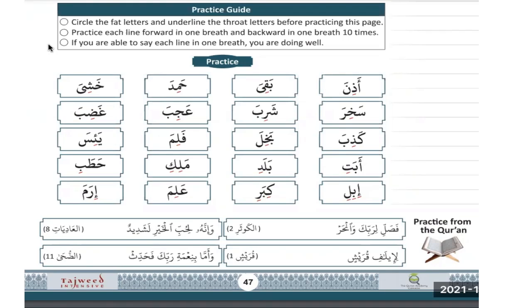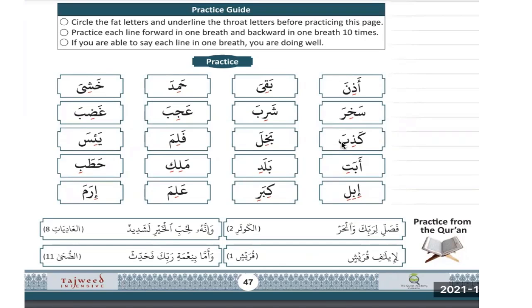Now I have a question for you, like kha, kasra, khi, right? What part do we use for the kha? It comes from the throat, so it's a throat letter. And which part? The upper part of the throat. Yeah, upper part.